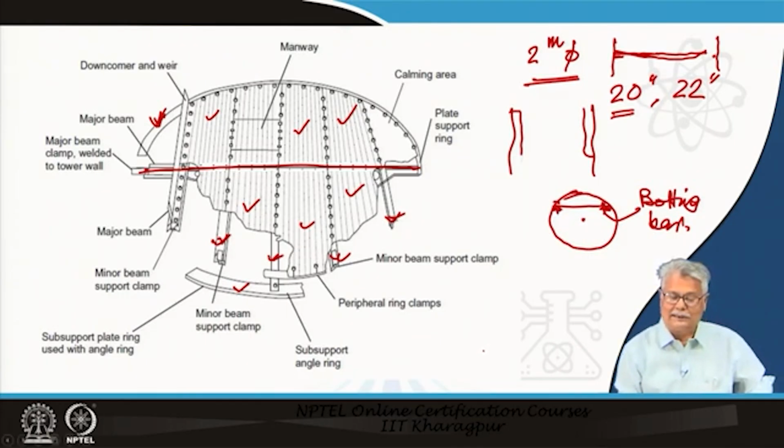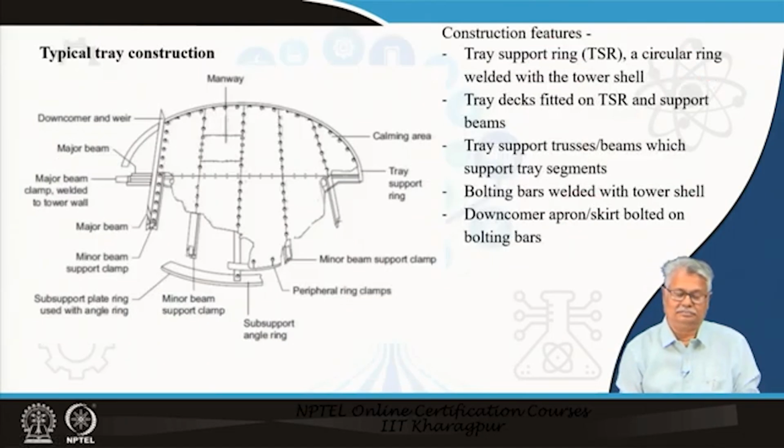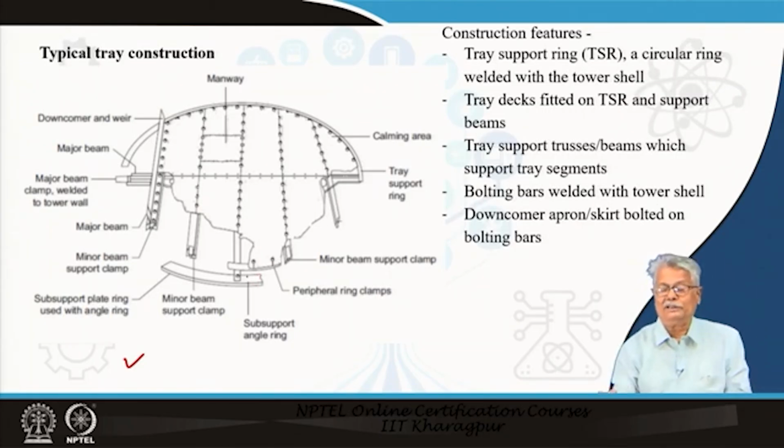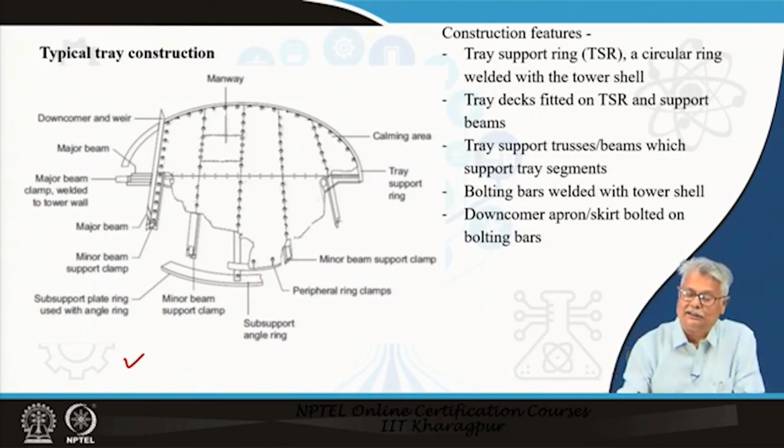Let us look at a little bit further details beyond this. It is the same diagram that you have here. There is nothing else. It only mentions that below the tray support ring, you usually have an angle to provide extra strength. It may be there in some cases, it may not be there in other cases. So, what features have we seen so far regarding construction?